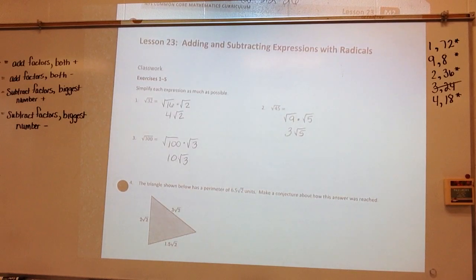The triangle shown below has a perimeter of 6.5 square root of 2 units. Make a conjecture about how this answer was reached. Well, if you look at the sides of the triangle, how do I find the perimeter of a triangle?